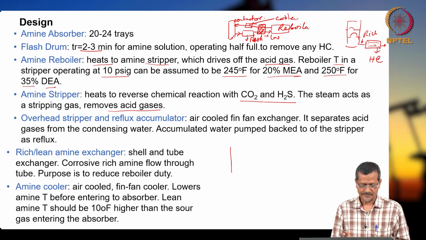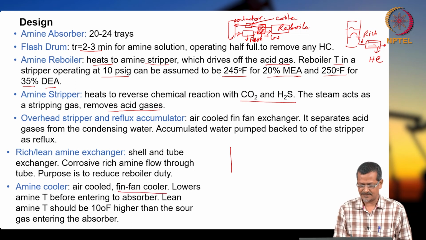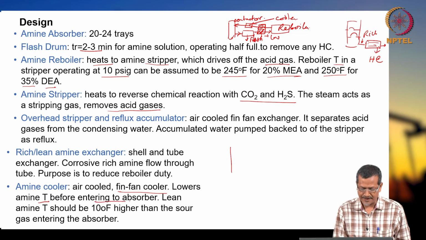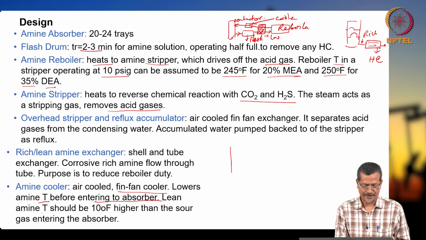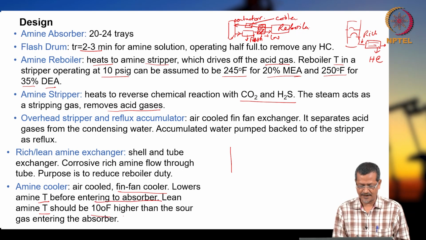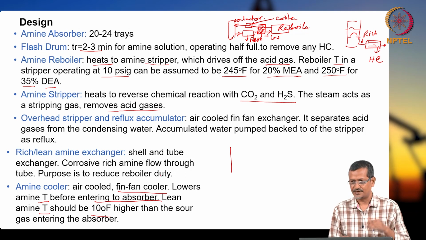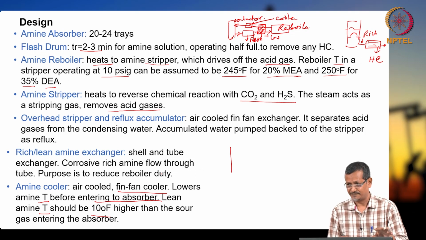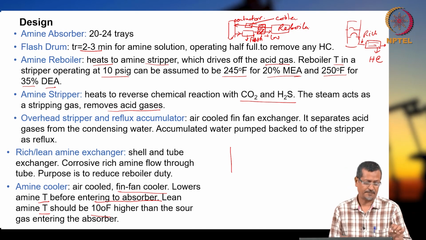So the amine cooler will be a small, simple fan cooler, lowering amine temperature before entering the absorber. Lean amine temperature should be 10 degrees higher than the sour gas entering the absorber. So the temperature has to be reduced before entering your contactor column or absorber column.